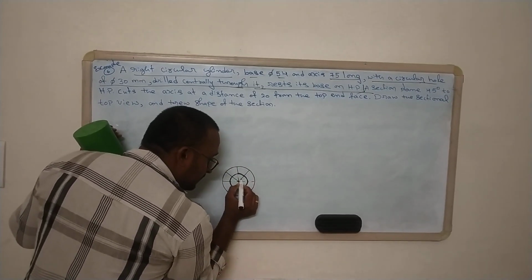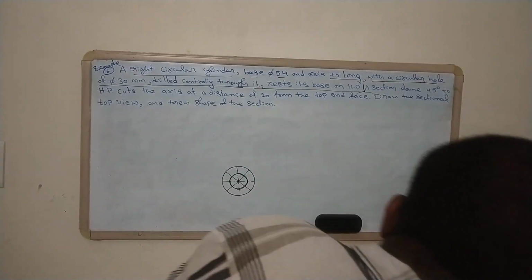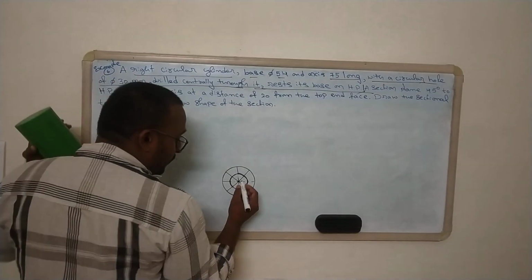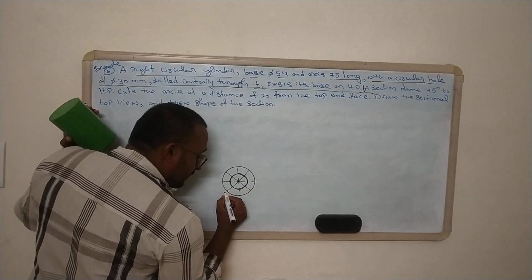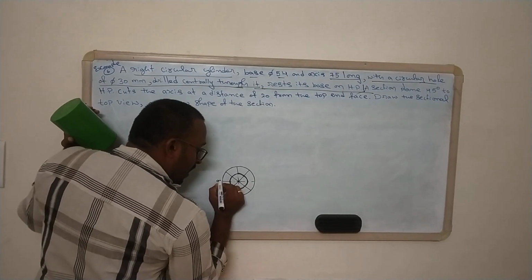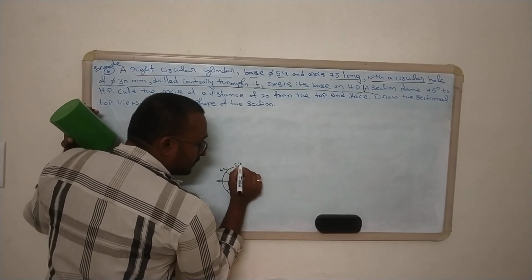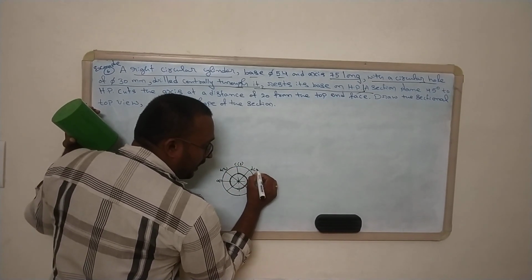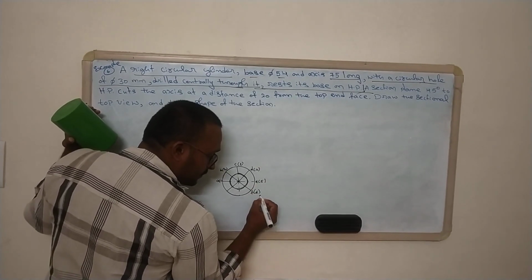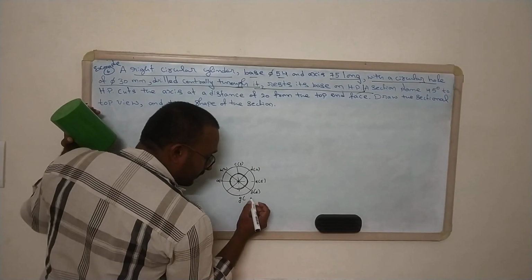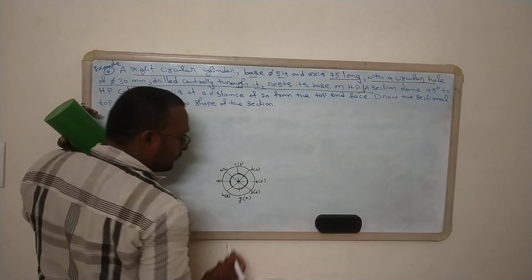I am going to divide this into 8 equal parts. Then we mark them with A of 1, B of 2, C of 3, D of 4, E of 5, F of 6, G of 7, H of 8.